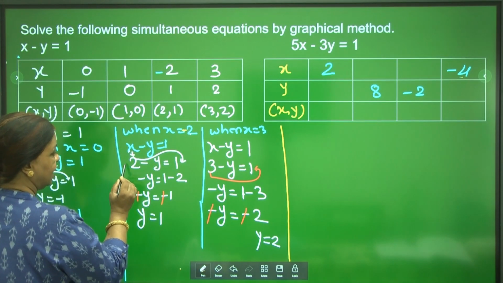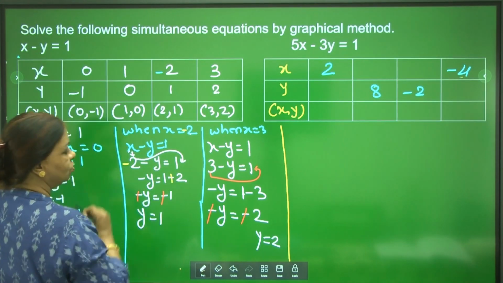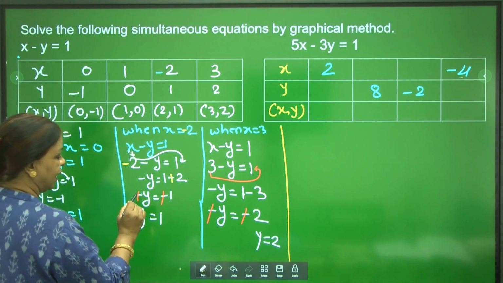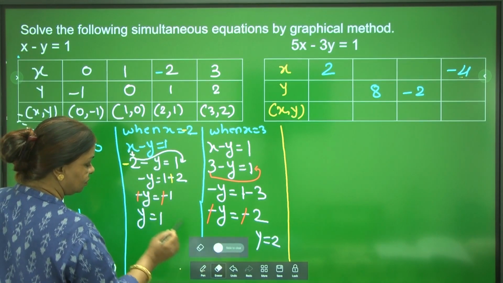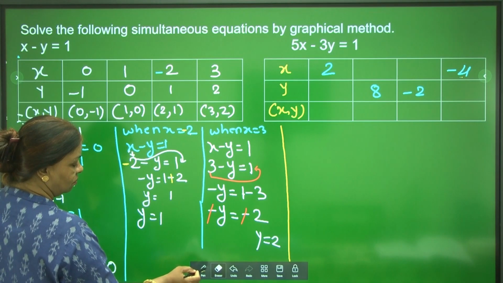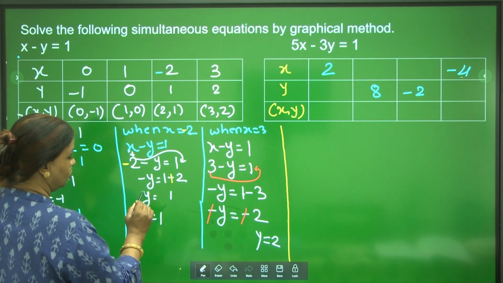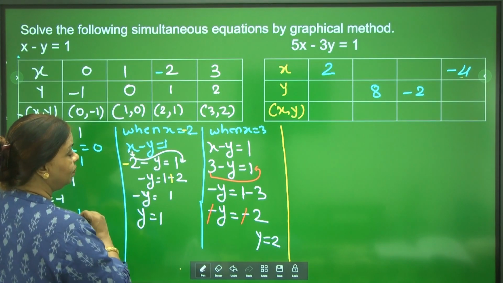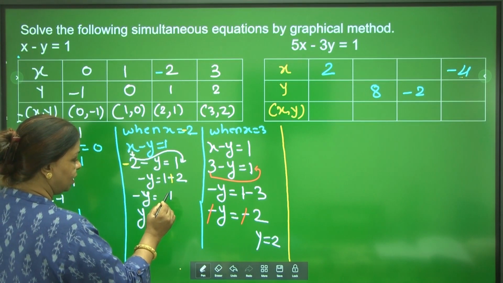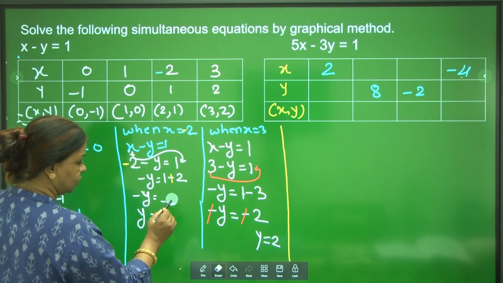When x is minus 2, I will shift it here, it will be plus 2. So minus y will be 1 plus 2, which is equal to 3.